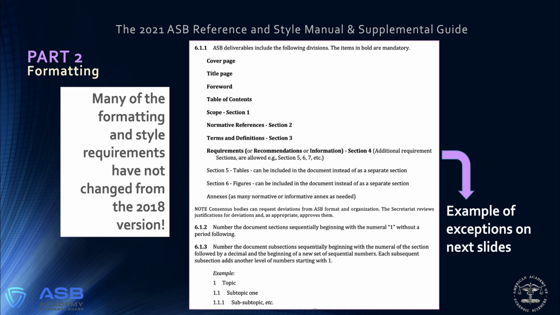Section 1 of ASB documents is still scope. Section 2 is still normative references. 3 is still terms and definitions. All 3 of these sections, though, have additional modifications that will be seen in new annex section, and we'll also go over some of them in this presentation.